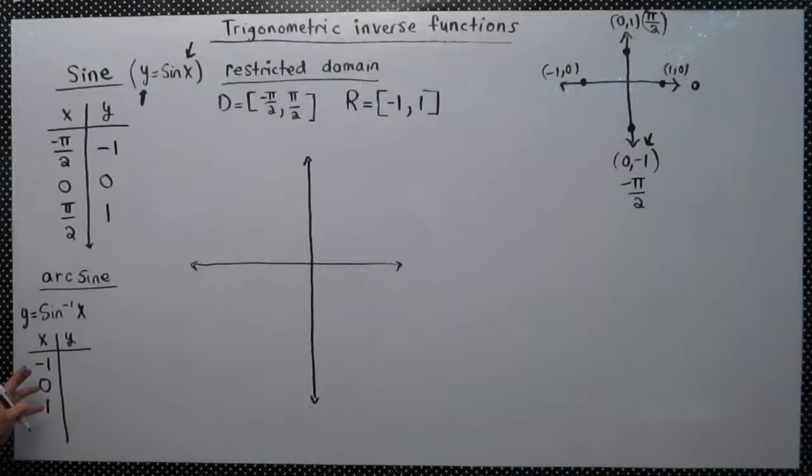It's taking the value into the domain and then telling you what the angle is. See how I'm just swapping these out? There are a couple of different ways to find the inverse, but the most simple one, I think, is that you're taking the domain and the range and just swapping them out.